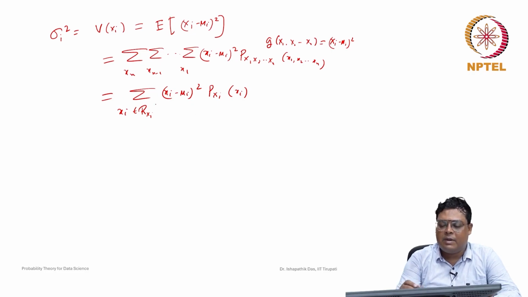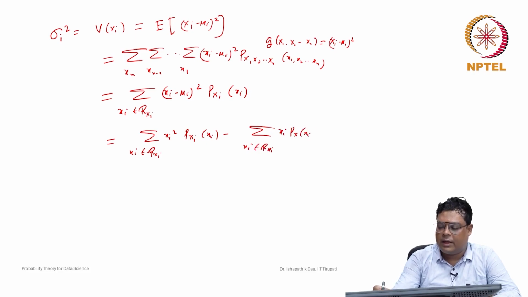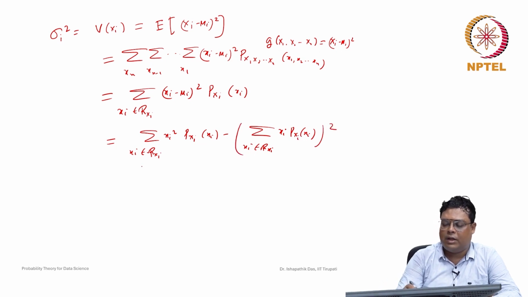But it can be represented, as we know, like the summation over xi in Rxi of xi square times the probability px of xi, minus the summation over xi in Rxi of xi times px of xi, whole square. So this formula is mu 2 dash minus mu 1 dash whole square, that is nothing but the expected value of xi square minus the expected value of xi whole square.